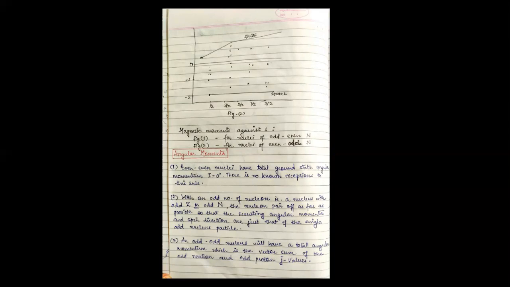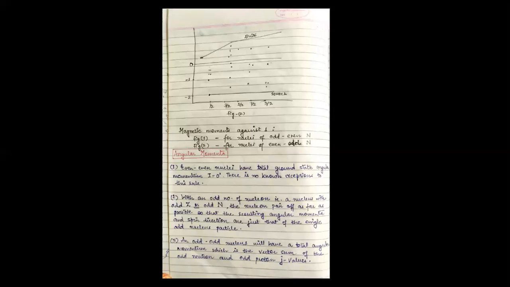The second rule is that with an odd number of nucleons, that is a nucleus with odd Z or odd N, the nucleons pair off as far as possible, so that the resulting angular momentum and spin direction are just that of the single odd nucleon.